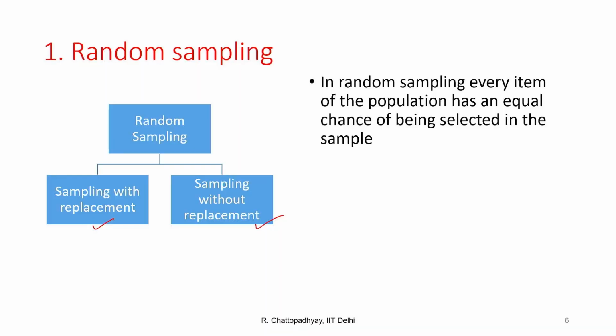So that point we have to keep in mind, and there are 2 ways this random sampling can be done: sampling with replacement and sampling without replacement. Sampling with replacement means that we sample the first item and we put it back again. Again we sample another item and again put it back. That means the population size is not going to change, remaining the same.